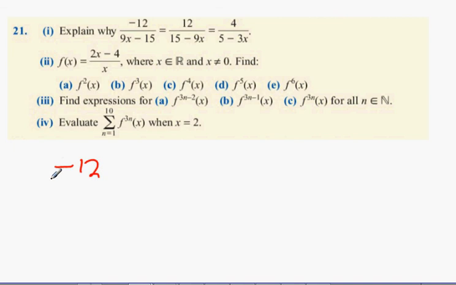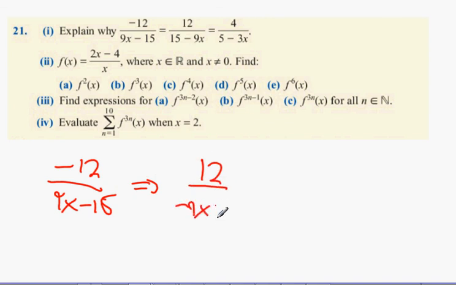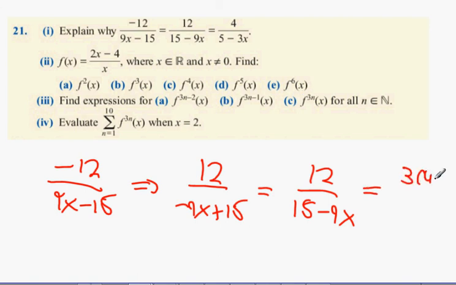You get 12 over minus 9x plus 15, and that's the same thing as 12 over 15 minus 9x. Then, they're all divisible by 3. 3 bracket 4, 3 bracket 5 minus 3x. The 3's cancel. And that's the same as 4 over 5 minus 3x.